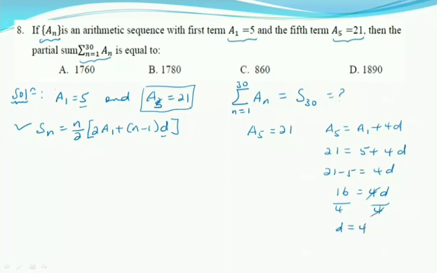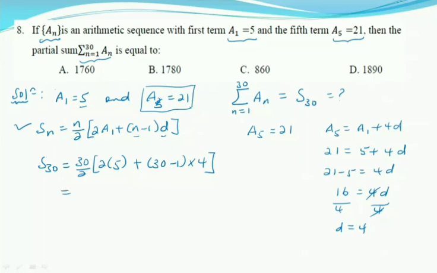So we substitute everything here. Therefore, the sum of the first 30 terms is equal to 30 over 2 into 2 times the first term plus 30 minus 1. Substitute 30 in place of n. So 30 minus 1 times the common difference.